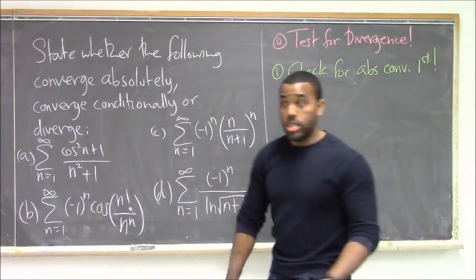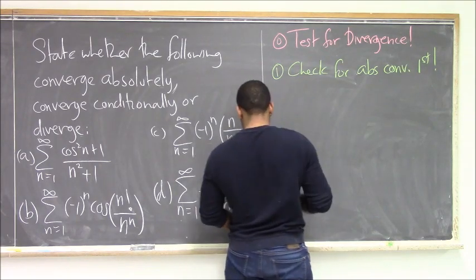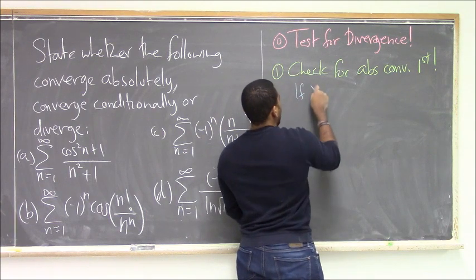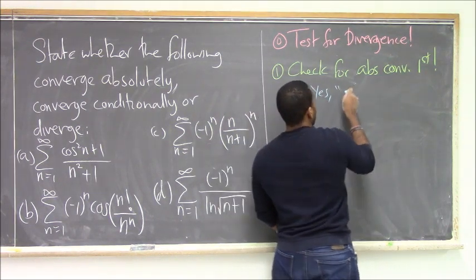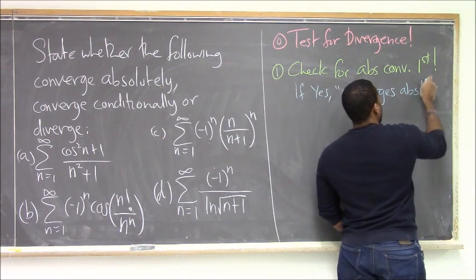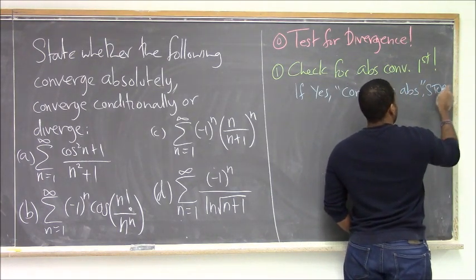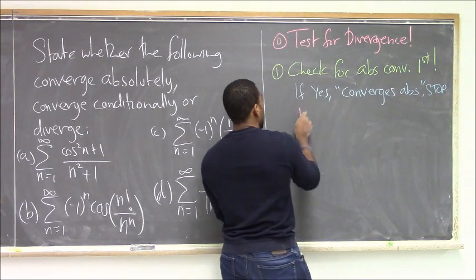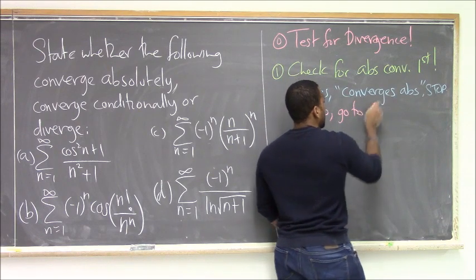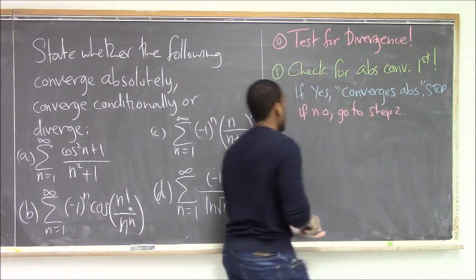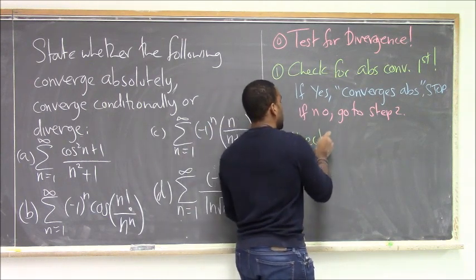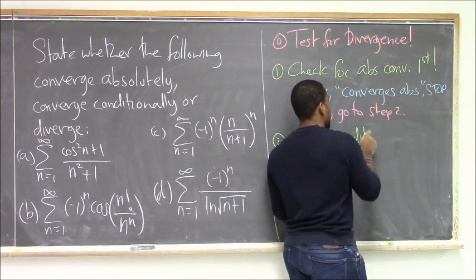Now, if it converges absolutely, if yes, then you conclude that it converges absolutely, and you stop. If no, go to step 2. Step 2 would be to check conditional convergence.